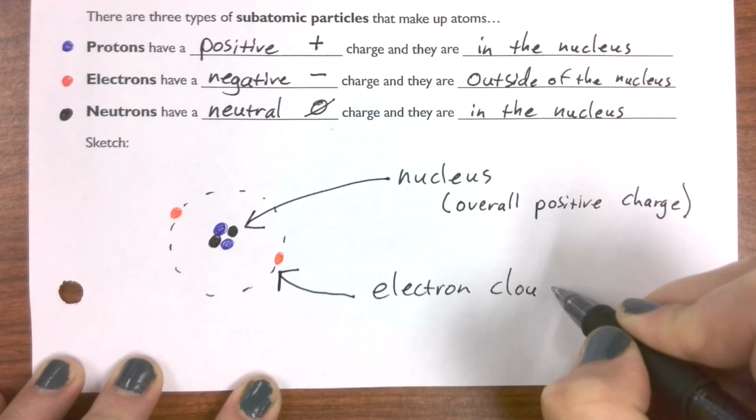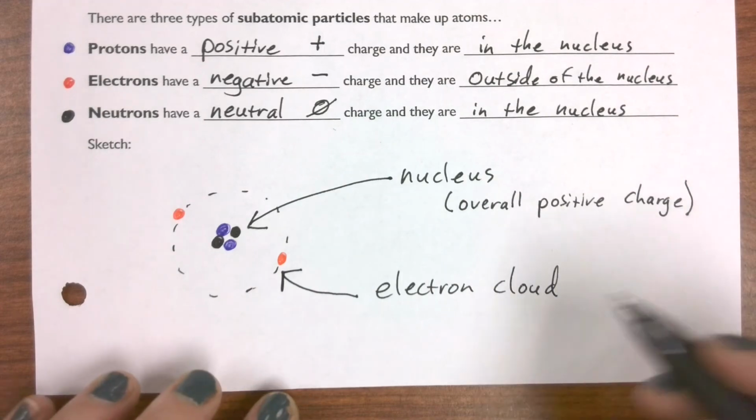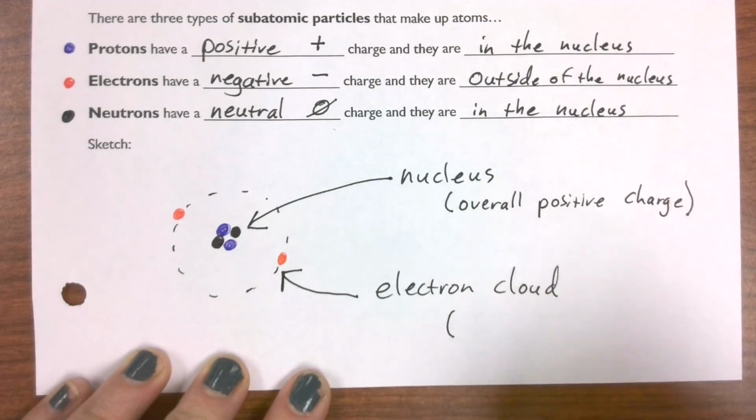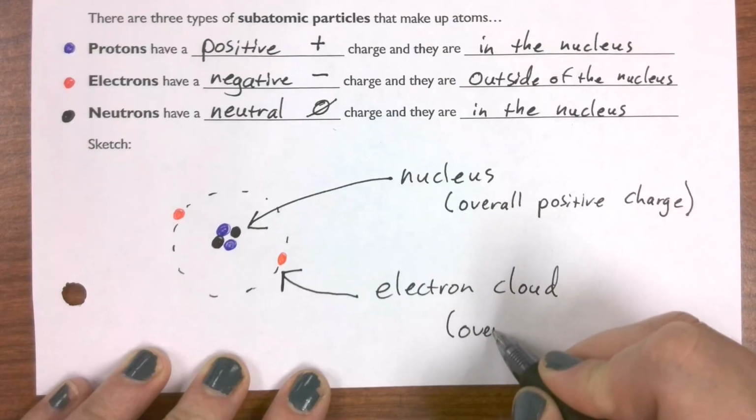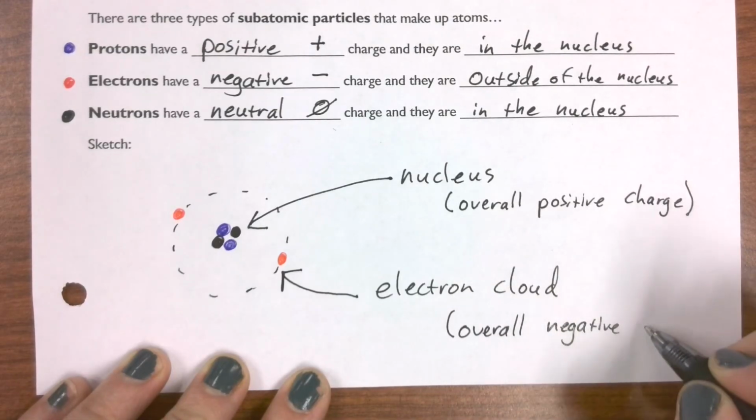There are a lot of different names that we could call this area. Sometimes it's the electron orbital or the electron energy level or electron cloud. Different classes may tell you different things, but for us we're just going to use the term electron cloud. This then, because it has negative electrons in it, has an overall negative charge.